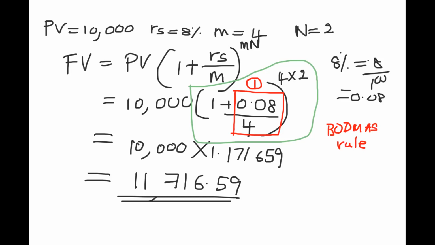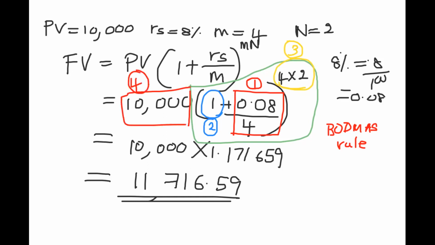Then you have to add 1 to the simplified value. And then for the whole simplified part, you have to put the power of 8. And finally, you have to multiply by 10,000.